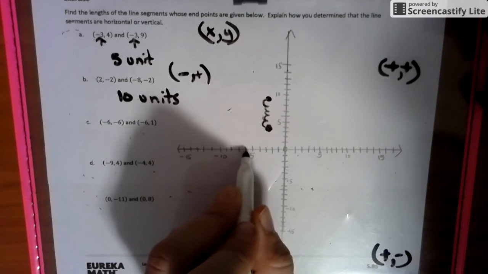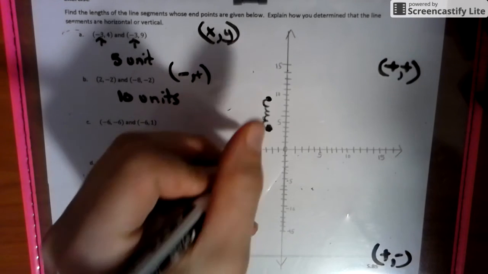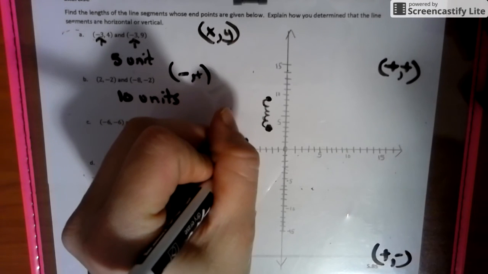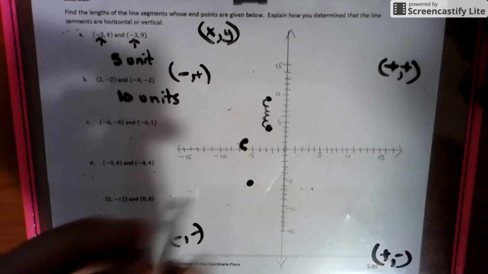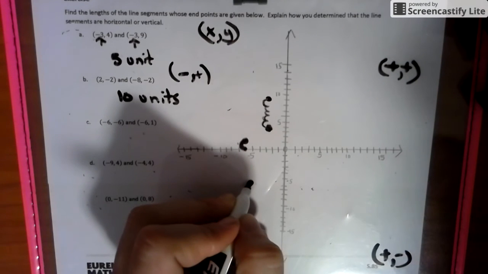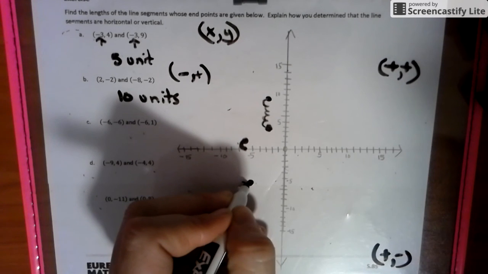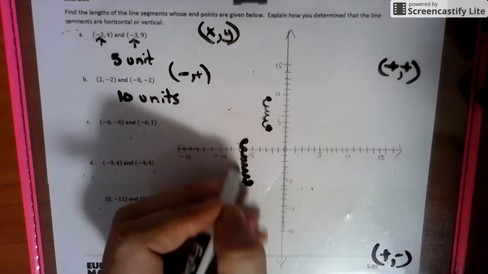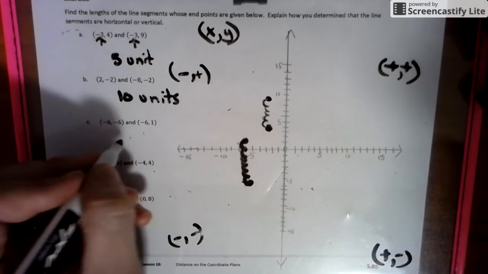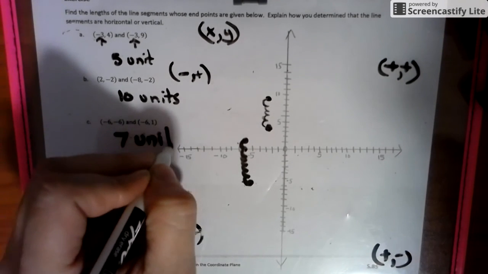And then -6, but +1. Same concept. From here to here, we're 1 jump. So this brings us 1 jump here, but we're down 6. So we have to go the absolute value of 6 jumps. So we have 1, 2, 3, 4, 5, 6 jumps, and one more makes a total of 7 units.